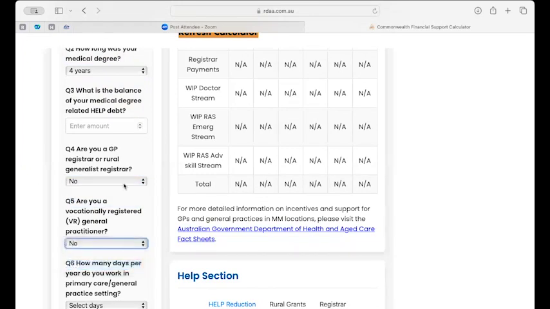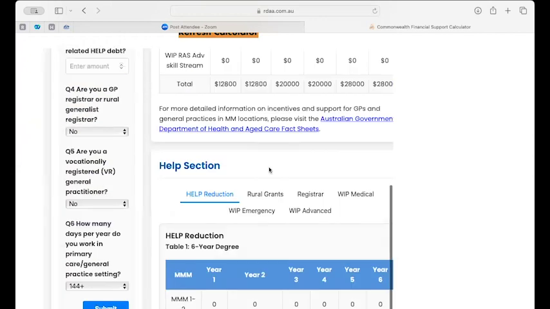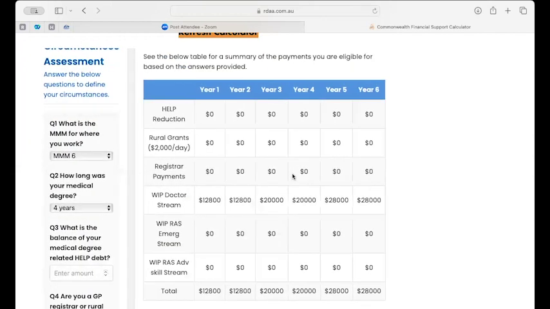So the answer would be no here, that they're vocationally registered. We'll still say they work 3 days a week in primary care. As you can see here, the only incentive they're eligible for is the WIP doctor stream. And as a non-VR doctor, their WIP doctor stream is 80% of the full amount. So we have included that adjustment in these calculations.